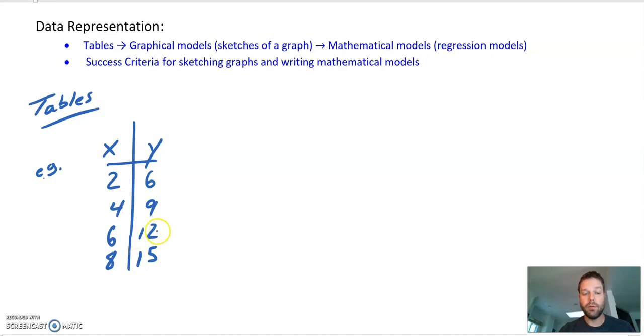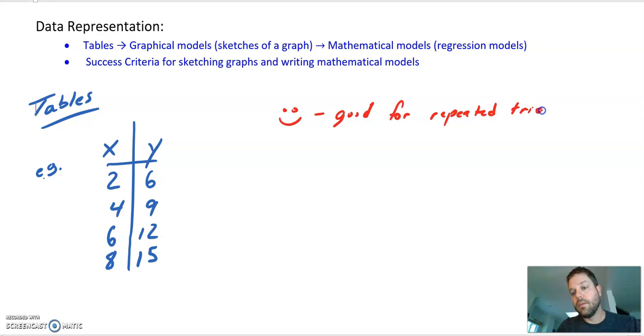We do want to look at each point individually when we're looking at error. So what we're going to say here is that, smiley face, tables can be good for repeated trials. Because in repeated trials, I'm looking at the individual points that should be identical and trying to see if they're not. So this allows me to get an average.